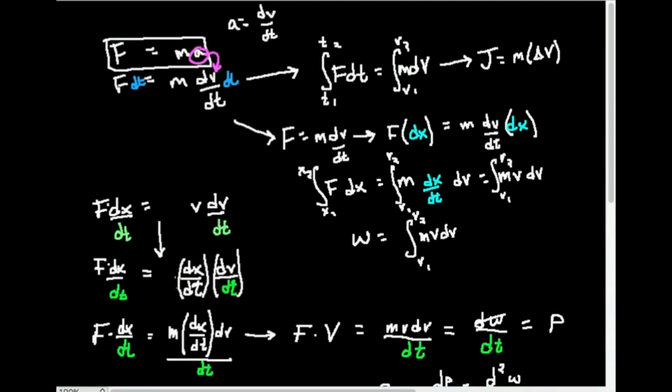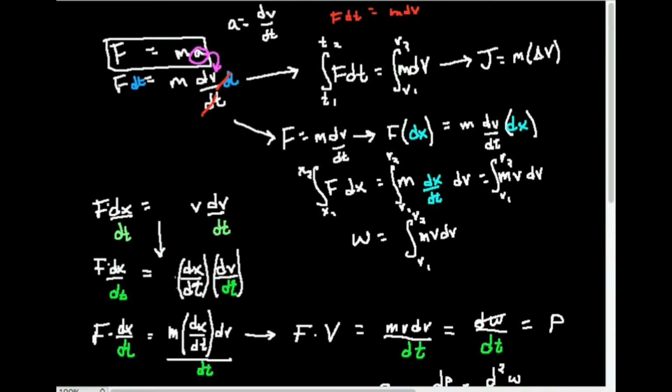But that cancels dt on this side. Now what I get, in differential form first, is f dt is equal to m dv. This is the differential form of the impulse momentum theorem. So the impulse momentum theorem comes directly out of Newton's second law by doing a simple transformation.